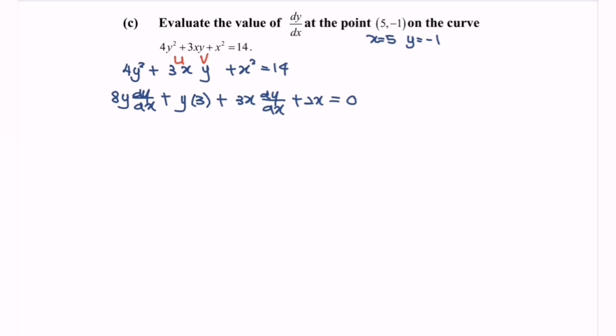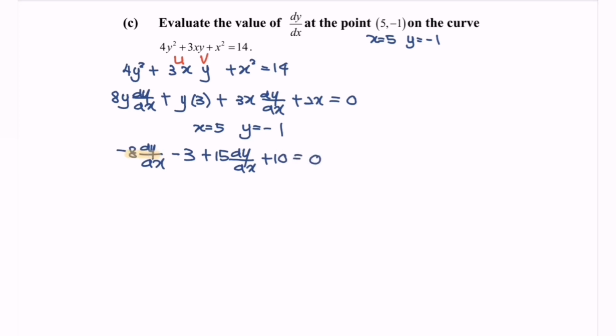Kindly substitute the value of x equals to 5 and y equals to negative 1, where we will have negative 8 dy/dx minus 3 plus 15 dy/dx plus with the value 10 equals to 0.